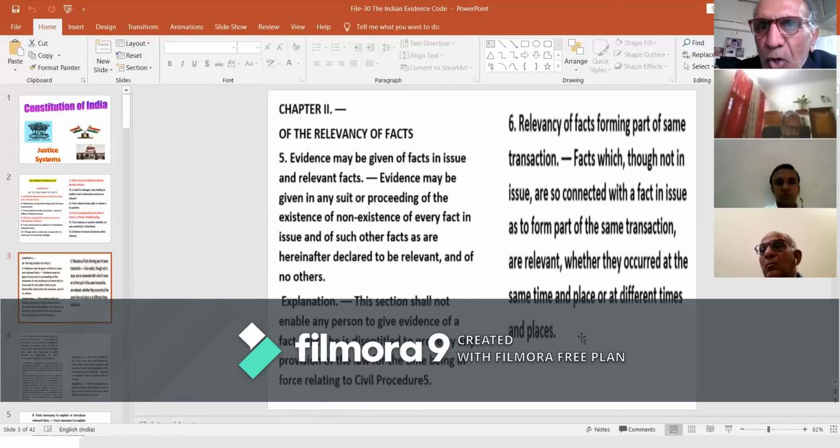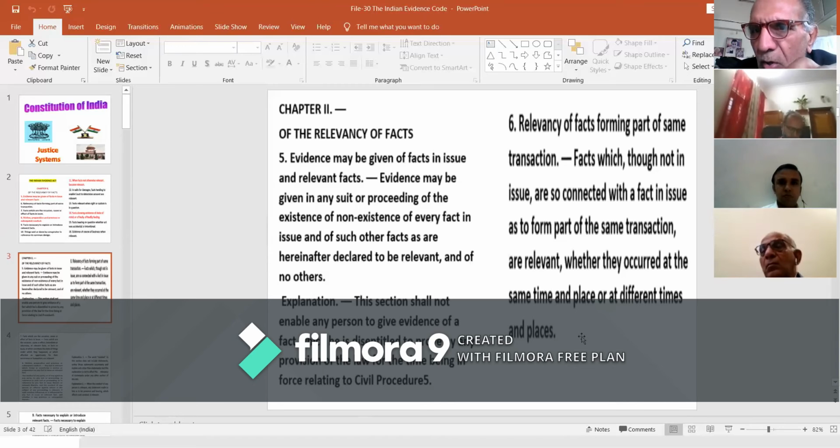Facts which, though not in issue, are so connected with the fact in issue as to form part of the same transaction. So the connection with the fact in issue has to be of such a nature that it makes it a part of the same transaction. The word transaction as such is not defined, and it is to be inferred by its ordinary natural meaning.